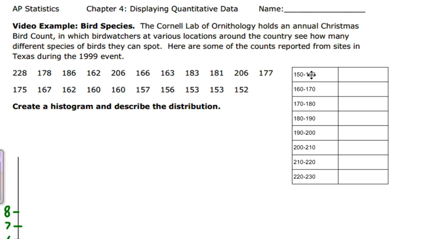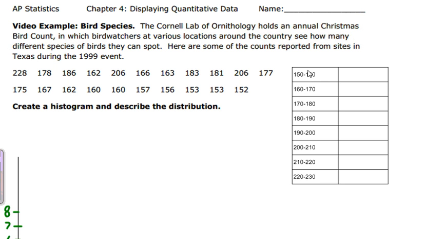Now here's what you need to be careful of. Well, 150 to 160 are here. Here's 160 to 170. You can't count the 160 twice. It needs to go in one bin or the other. What we do with the highest number, so the 160, goes in the bin below it.